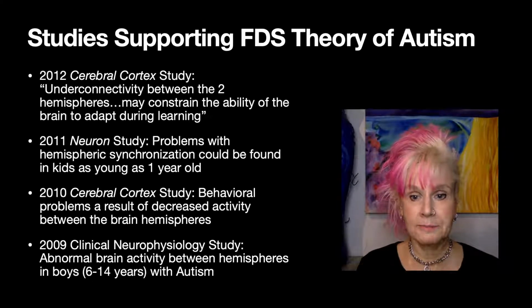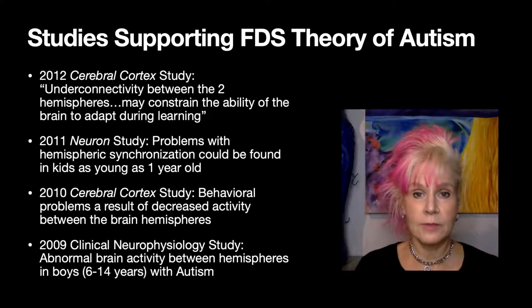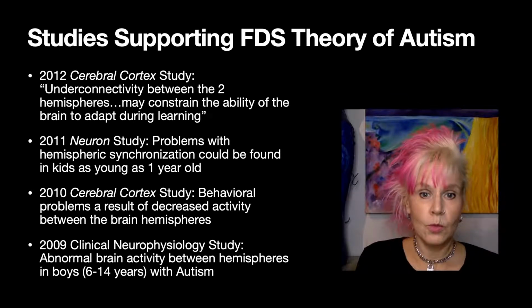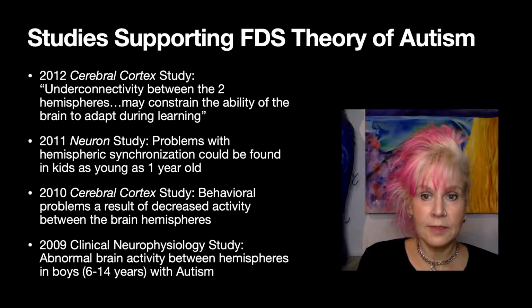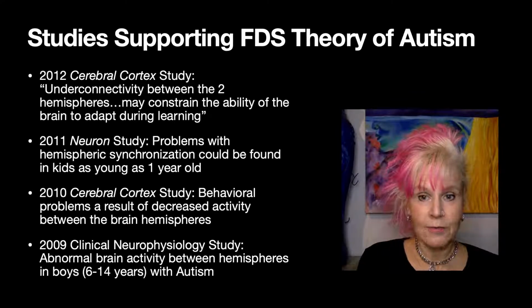In 2010, again in Cerebral Cortex, there were some MRI studies done and found behavioral problems in 53 males who were late childhood to early adulthood. And that was a result of decreased brain activity between the connections of specific areas between the right and left brains, the two hemispheres, and the mature long-range connections had not formed.